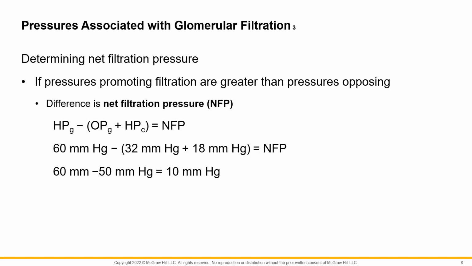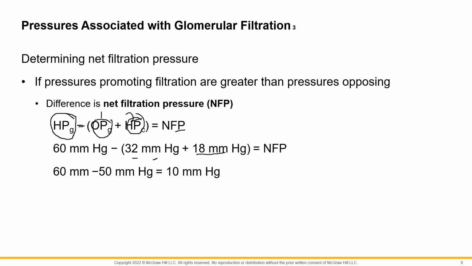So here we go. Net filtration pressure is calculated by taking the glomerular hydrostatic pressure, which was 60 millimeters of mercury, and then subtracting the two opposing pressures here, 1 and 2. The two opposing pressures are blood colloid osmotic pressure and your capsular hydrostatic pressure, which are 32 millimeters of mercury and 18 millimeters of mercury.